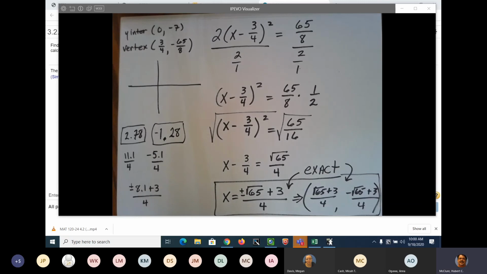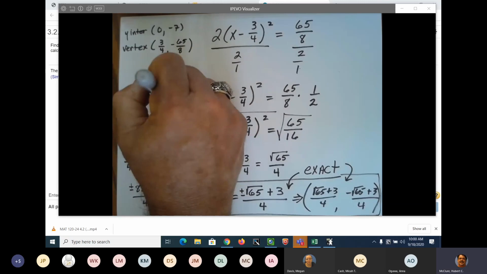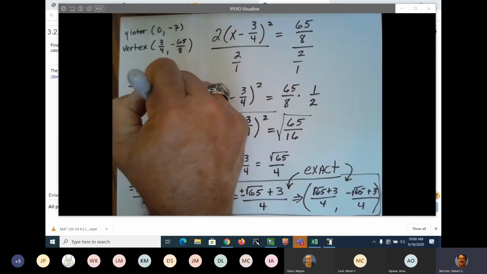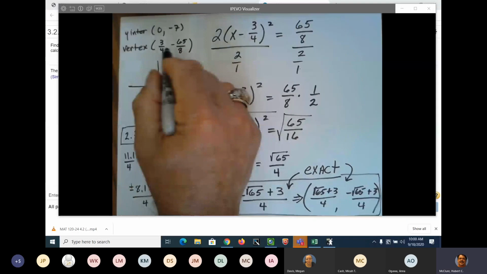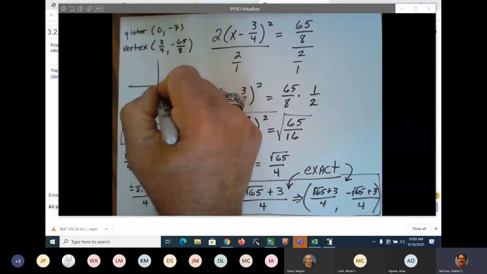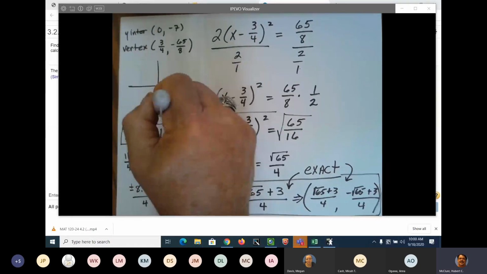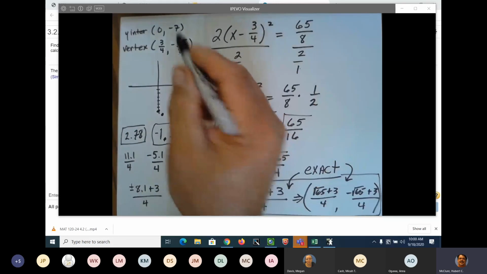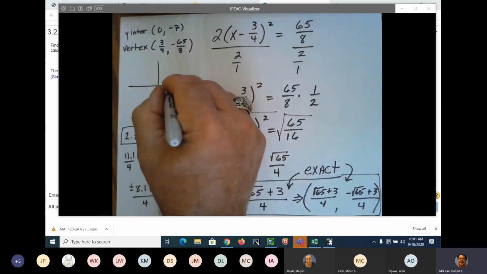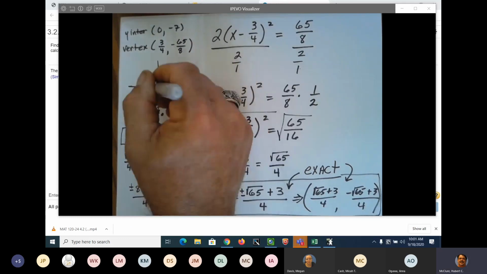All right, so (0, -7), 1, 2, 3, 4, 5, 6, 7, and 3/4 will be in this direction, and that's 8 1/8. So 8 1/8 is going to be right there. We've got a 2.78, and we've got a negative 1.28.